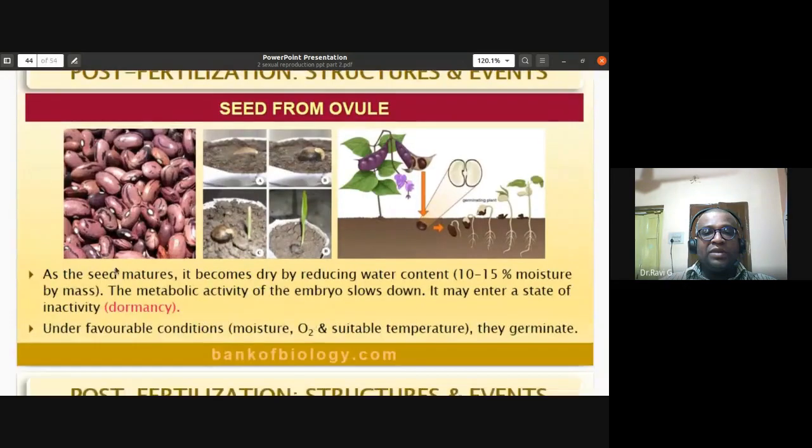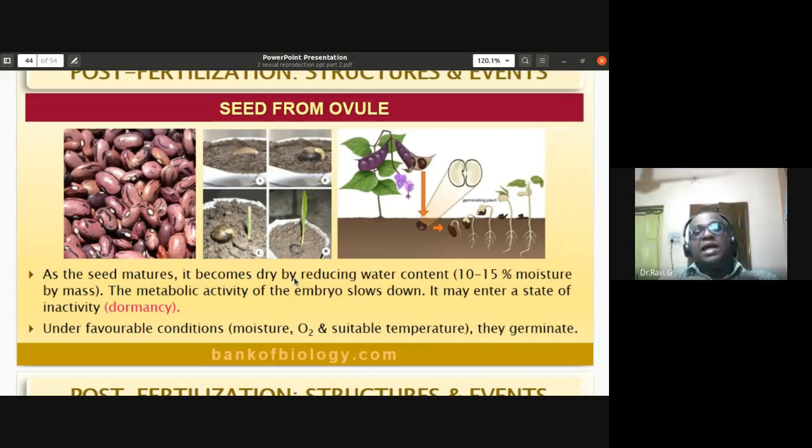As the seed matures from the ovule, it becomes dry. A mature seed reduces its water content; 10 to 15% of its mass is moisture. If the seed content is 10 grams, 10 to 15% of it is water. So when the seed matures, it becomes dry by reducing water content.